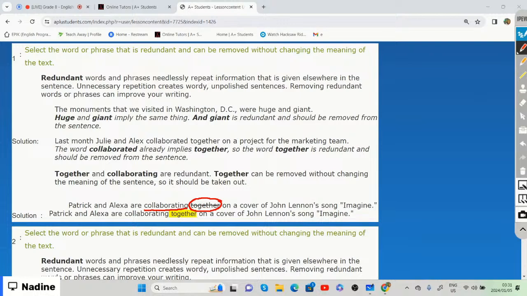These are two different words, but they mean the same thing or are similar in meaning, which means one of these words needs to be removed. We call that the redundant word. So together and collaborating is redundant, and together needs to be removed.